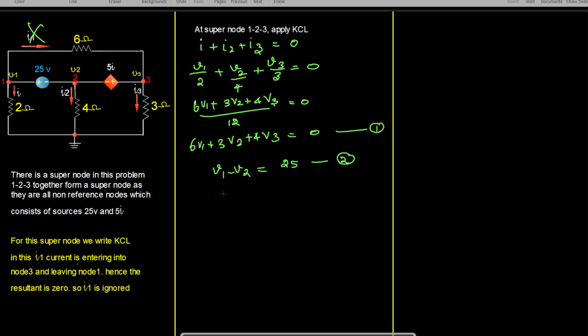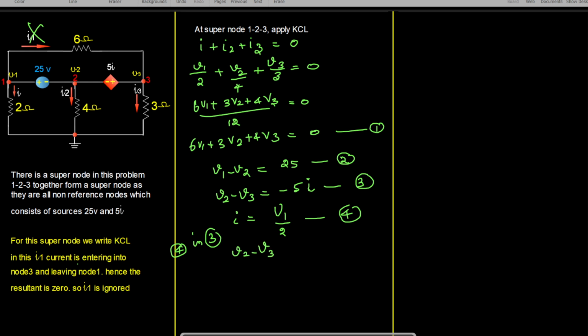The third one is the potential difference between the second node and the third node, that is V2 minus V3, equal to minus 5i. We can write this i as V1 by 2, so this is the fourth equation. If you substitute the fourth equation in the third equation, you get V2 minus V3 equal to minus 5 into V1 divided by 2.